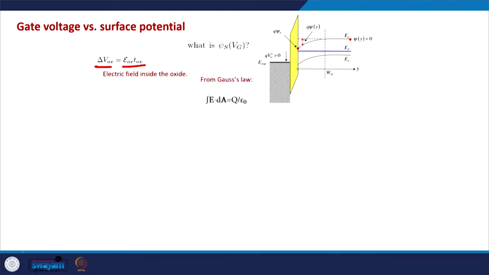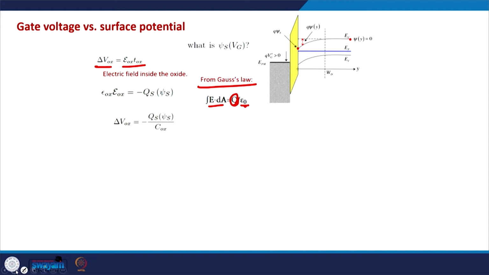And in order to find out the electric field in the oxide, we use Gauss's law. And what does Gauss's law say? Gauss's law says that inside a closed surface, the surface integral of the electric field is given by the total charge enclosed in that surface divided by the permittivity of that medium, essentially.